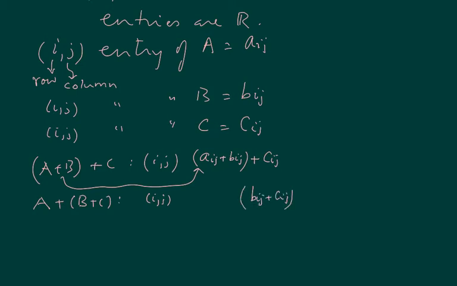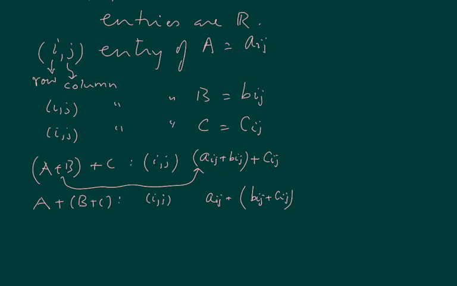You take that real number, and to that you would add the ij entry of this matrix A, and that of course is aij. You could add it afterwards or add it before, it doesn't matter because addition is commutative in the real numbers.